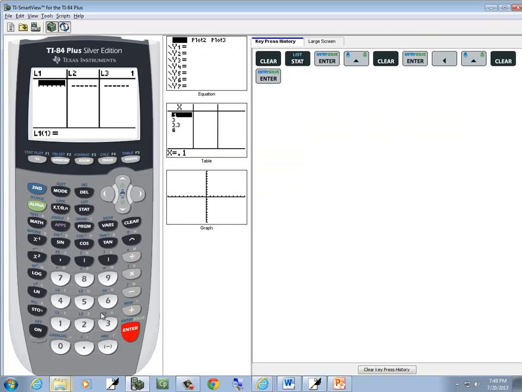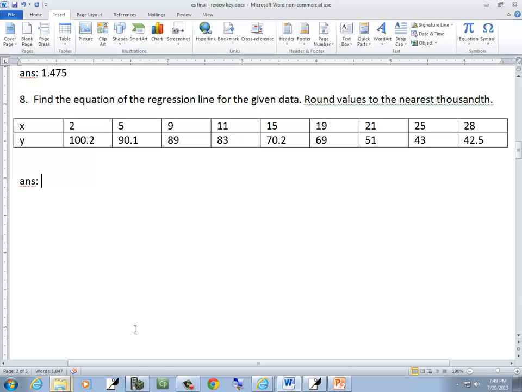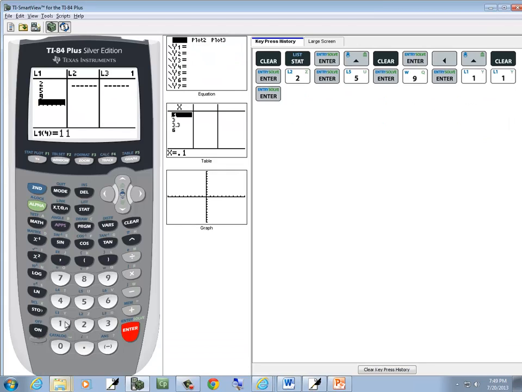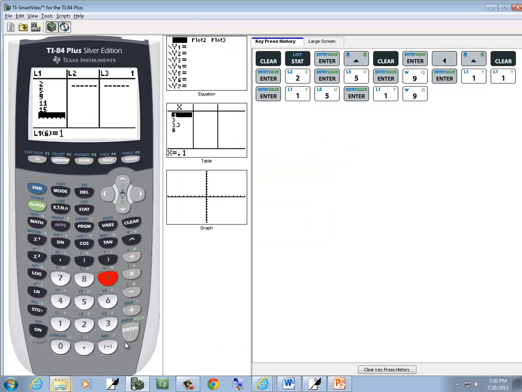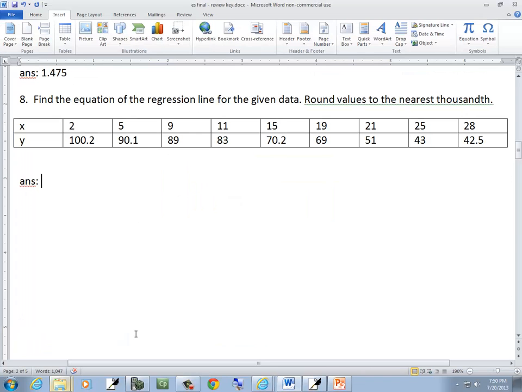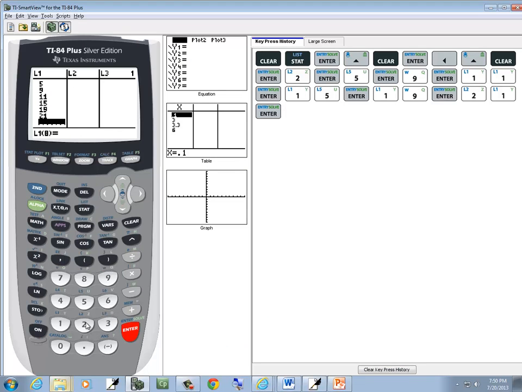And 2, 5, 9. So 2, Enter, 5, Enter, 9, Enter. 11, Enter. 15, Enter. 19, Enter. 21, Enter. 25 and 28. So 25, Enter, and 28, Enter.